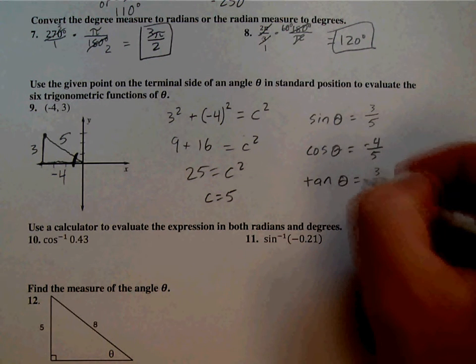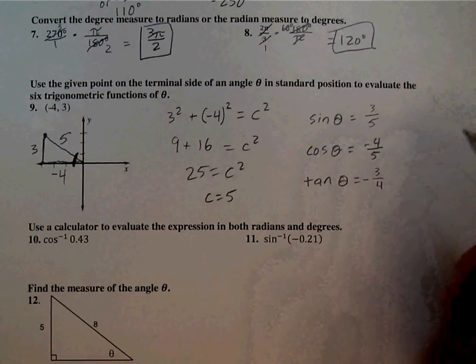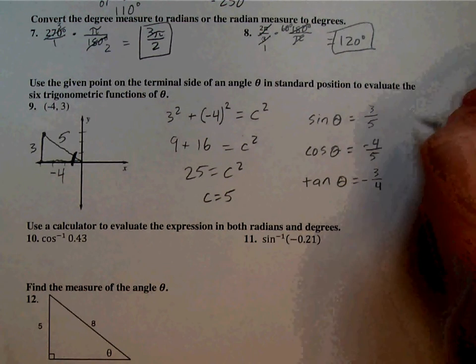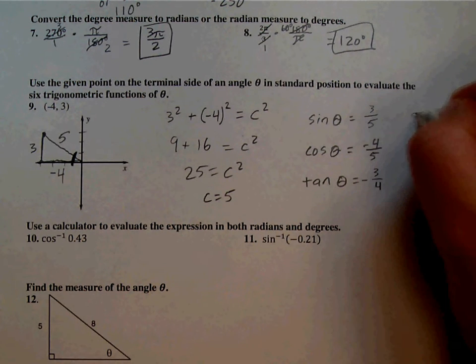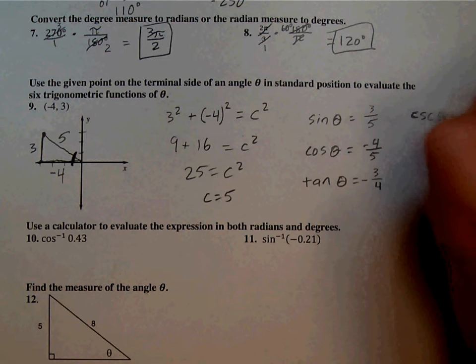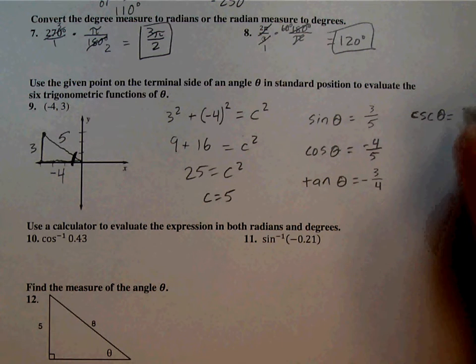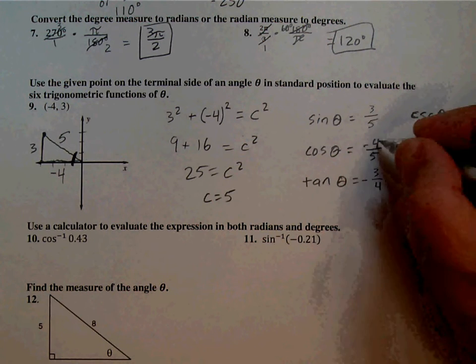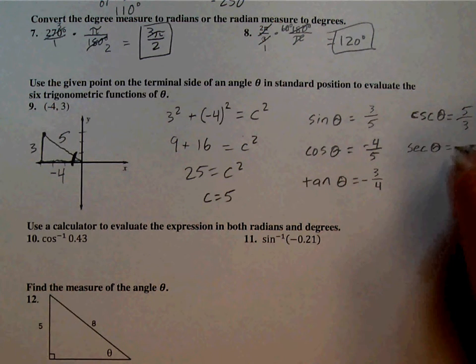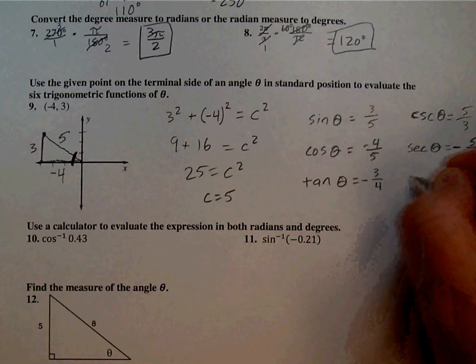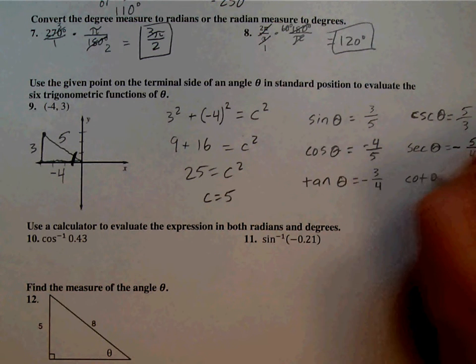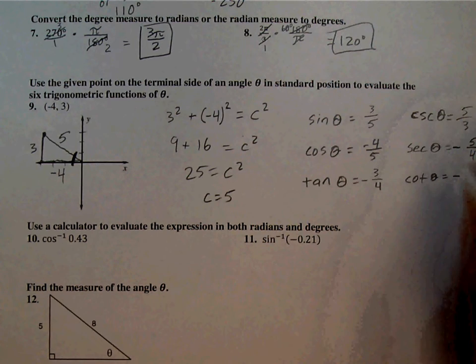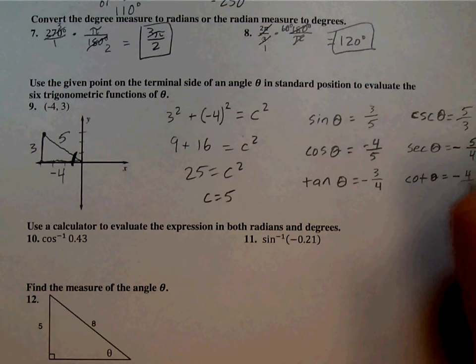I don't want to put the negative in the denominator, so I can just move it out front. So I'll just call that -3/4. So for cosecant, just reciprocal sine, so 5 over 3. For secant, reciprocal cosine, put the negative in front so I don't have to put it in the denominator, so I'll call it -5 over 4. And then for cotangent, keep the negative out front, so flip the 3 and the 4, so it's 4 over 3.